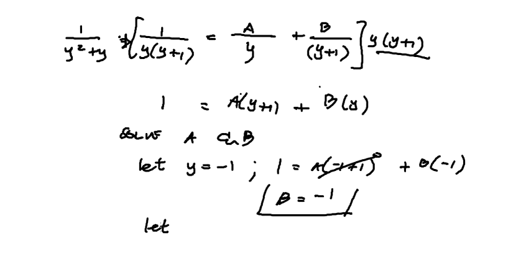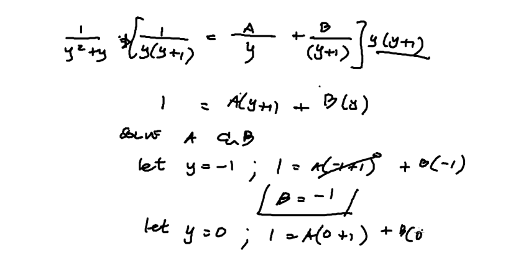To solve for the value of A, let y = 0. If y = 0, then we can cancel this part out. Then 1 = A(0 + 1) + B(0), or just 0.